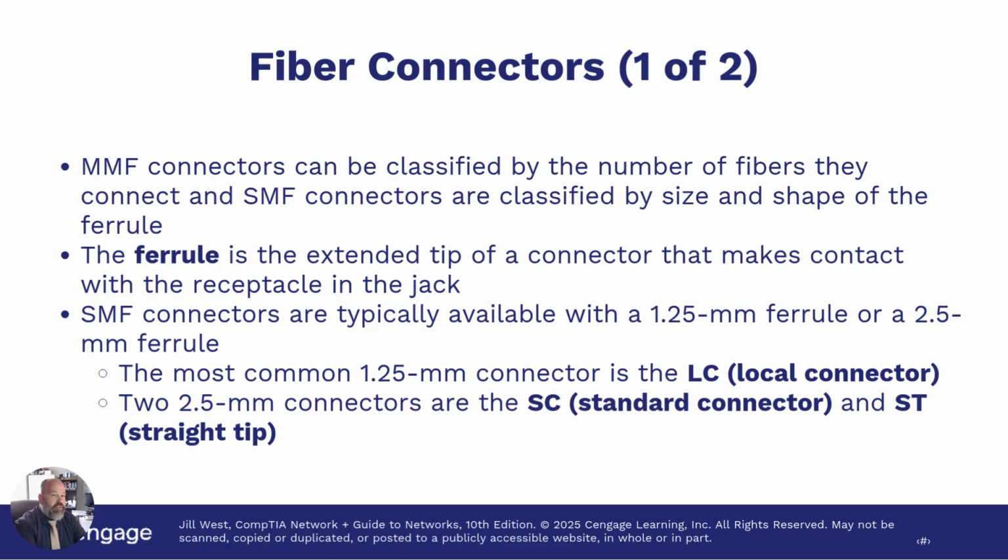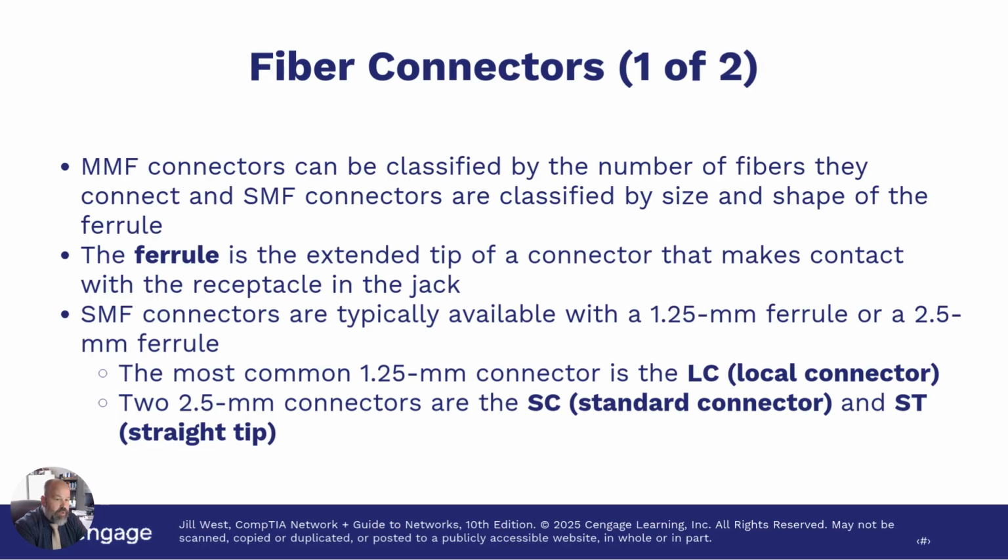Now, fiber connectors are classified differently than copper connectors. MMF connectors are classified by the number of fibers they connect to, while SMF connectors are classified by the size and shape of the ferrule. And the ferrule is the extended tip of a connector that makes contact with the jack. SMF connectors typically come with 1.25 millimeter or 2.5 millimeter ferrules.